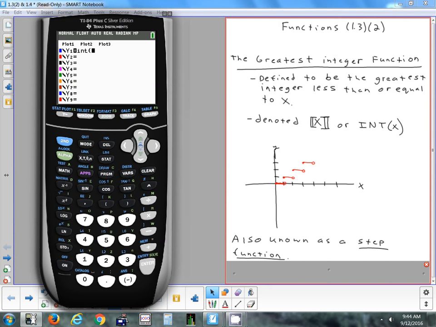Now just type in the variable. So you press X and close parenthesis. Now do zoom 6, and you should get a series of steps on the screen.